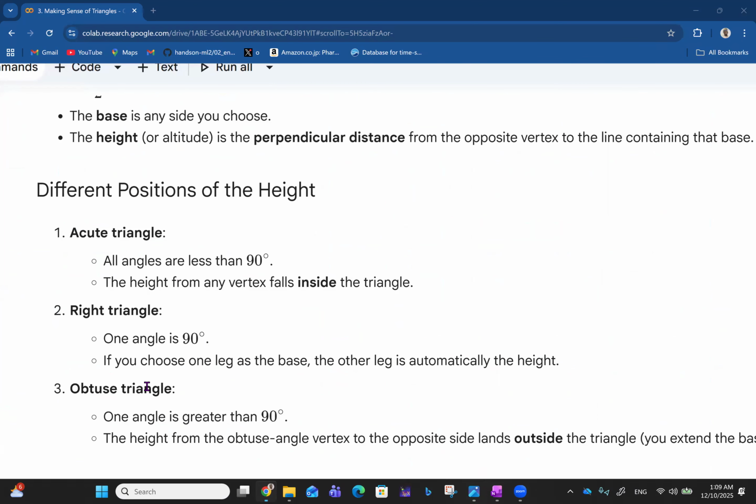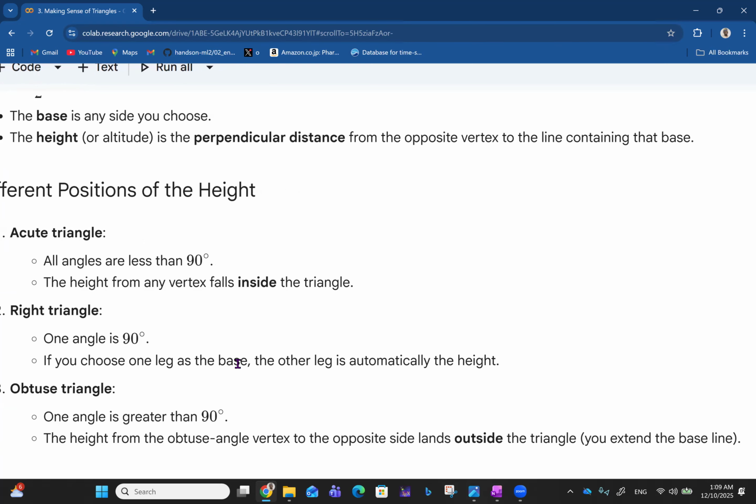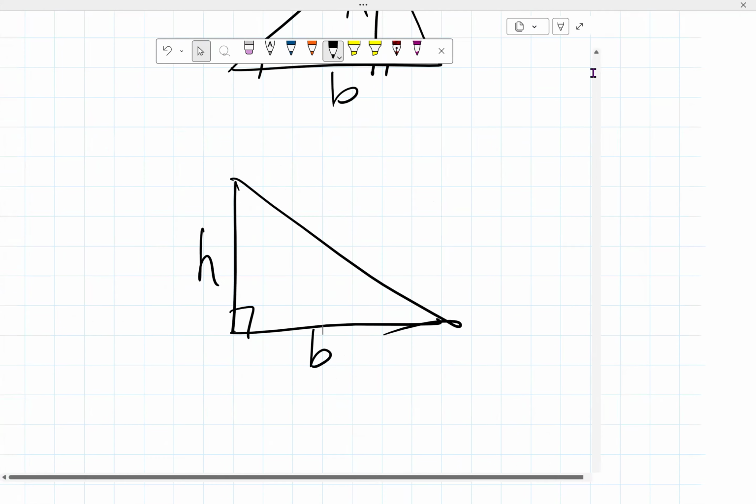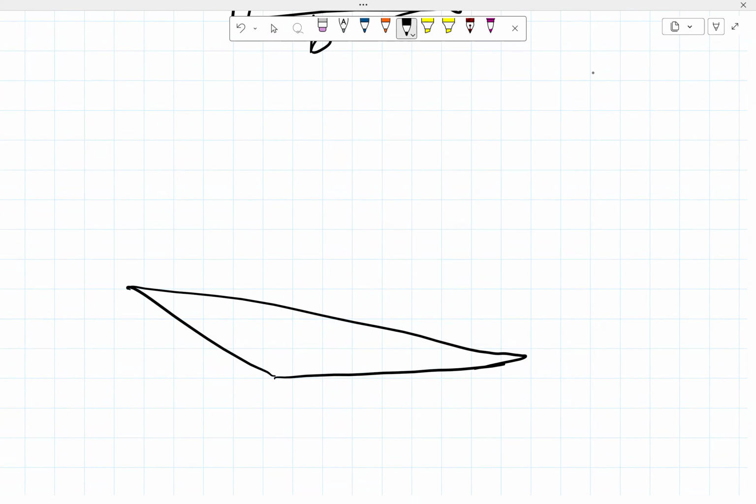The other case is the obtuse angle, where one angle is greater than 90 degrees. The height from the obtuse angle vertex to the opposite side lands outside the triangle, so you extend the baseline. For an obtuse angle triangle, imagine you have this and it comes like this. If you want to drop a height, if you draw a line like this, you can easily get the height.